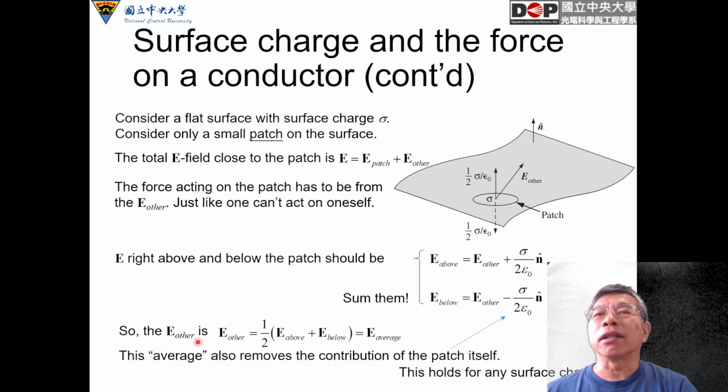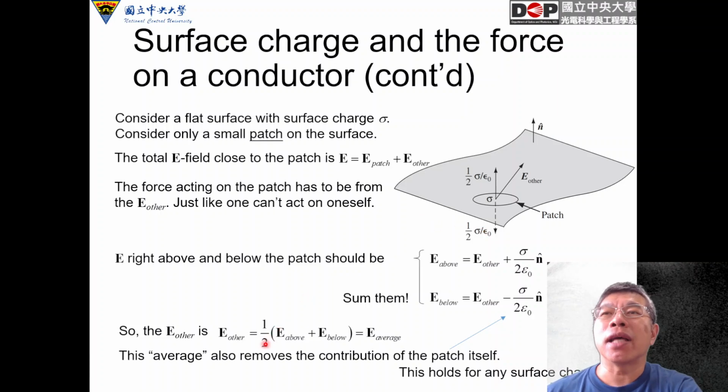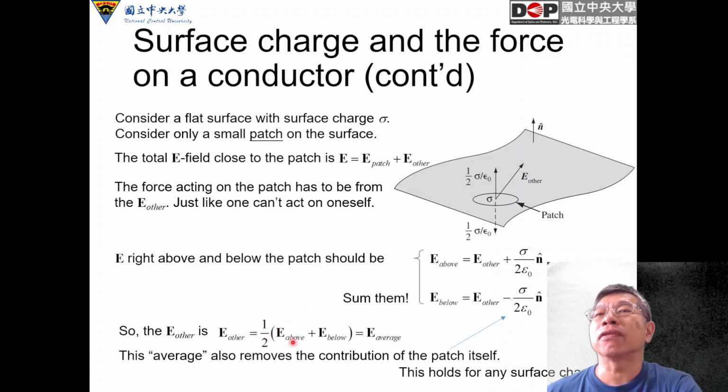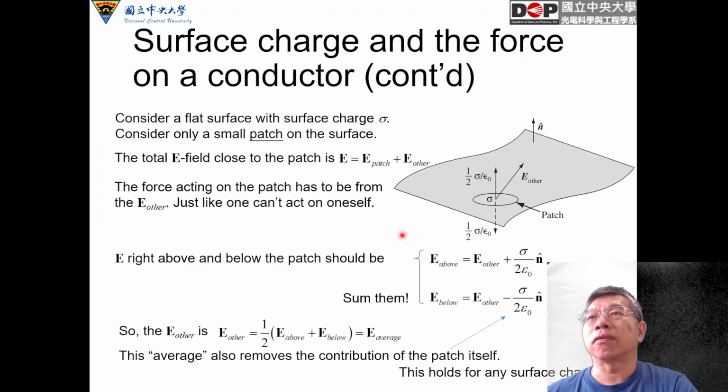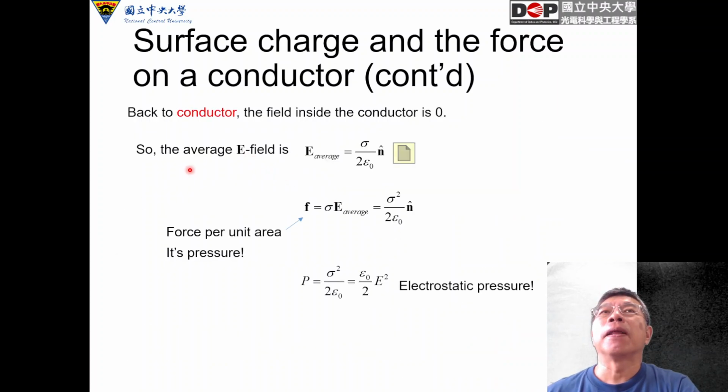The electric field contributed by other parts is half of the sum, or the average, of the above and below electric field. So that's it. This average also removes the contribution of the patch itself. This holds for any surface charge. This is something to be aware of.